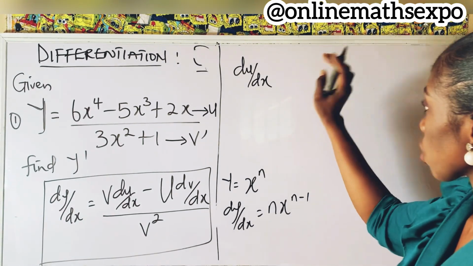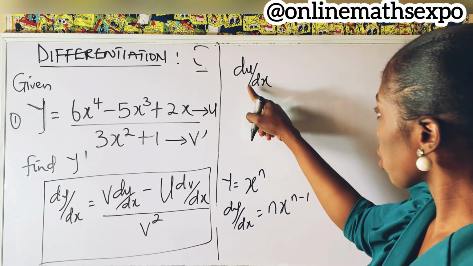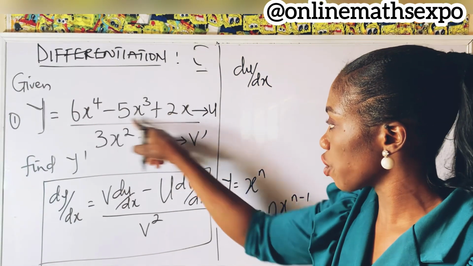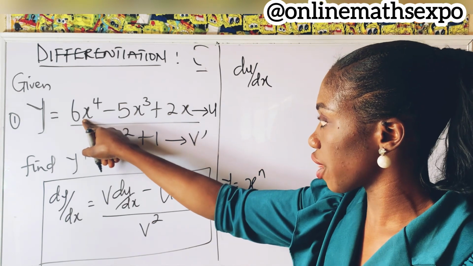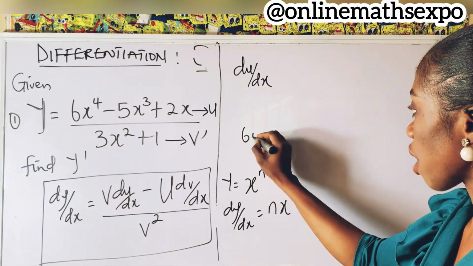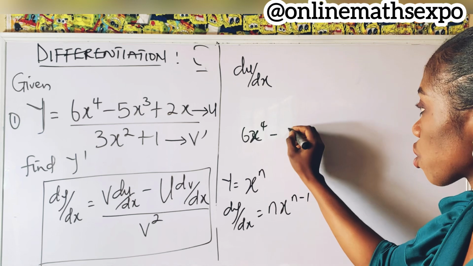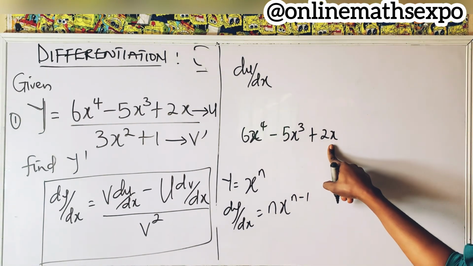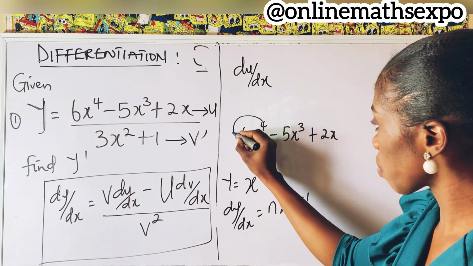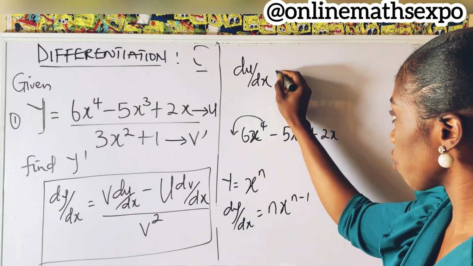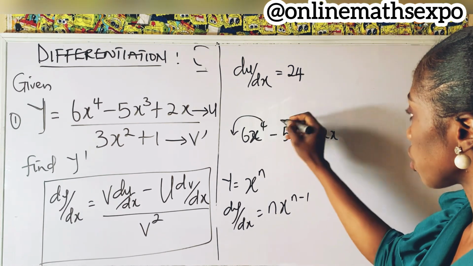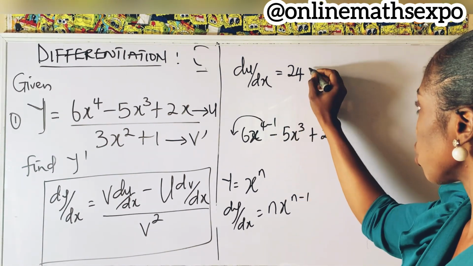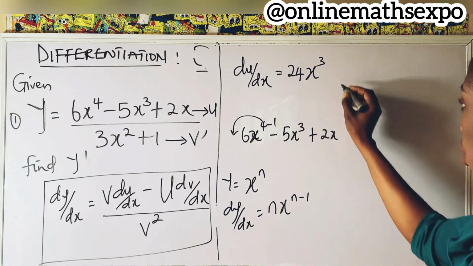To get my du/dx, I'm going to differentiate this u. Let's write it out: 6x to the 4th minus 5x cubed plus 2x. To differentiate, use the power to multiply. This gives us 24, then take 1 from the power, according to the power rule, so we have x to the 3rd.